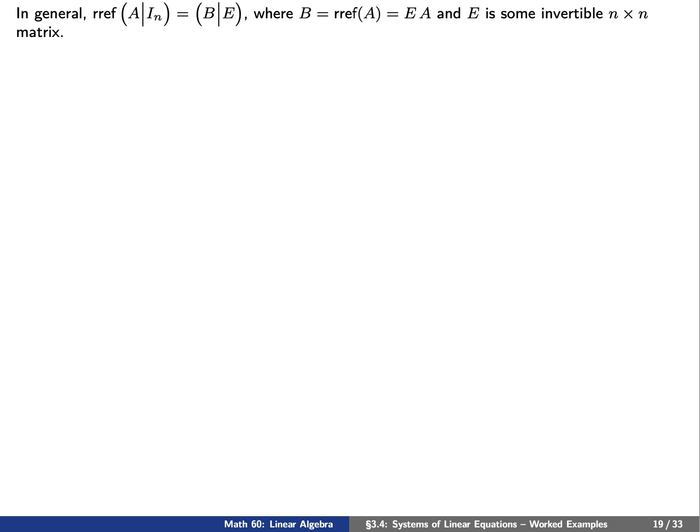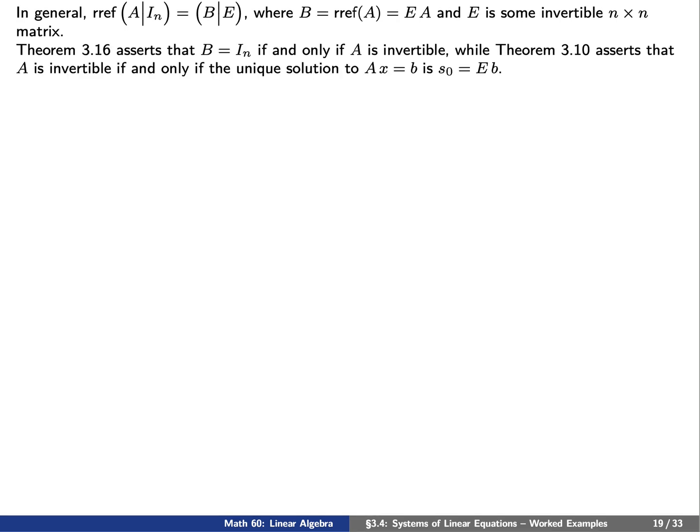So we find that B equals E times A for some product of elementary matrices, E. We've already seen that the left-hand side, B, is the identity matrix if and only if A is invertible. Of course, recall that the E here is just the inverse of A.